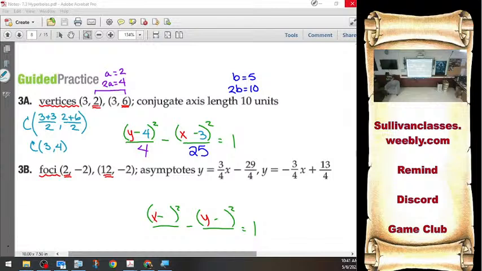It opens vertically. Conjugate axis being 10 units tells me that 2b is 10. So divide, square, get b squared. And the midpoint between either vertices or foci will get me my center.